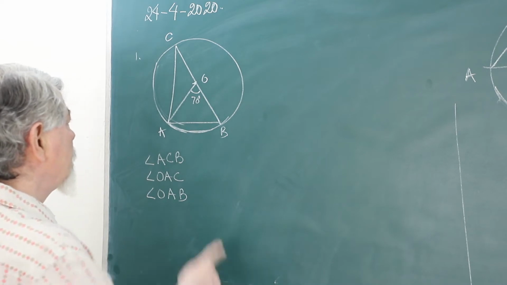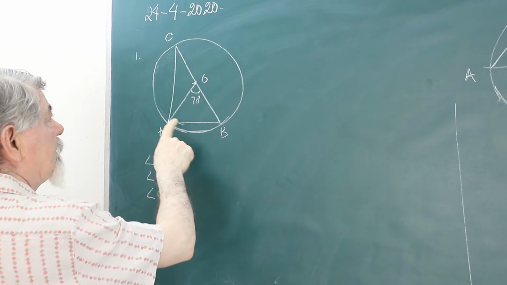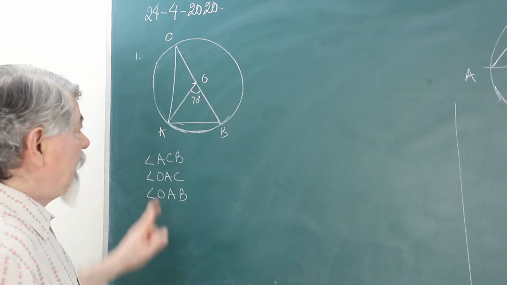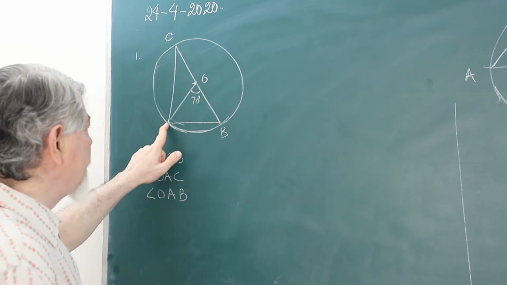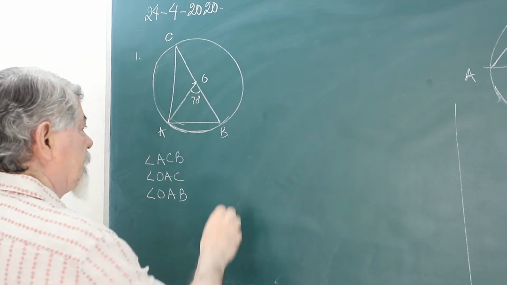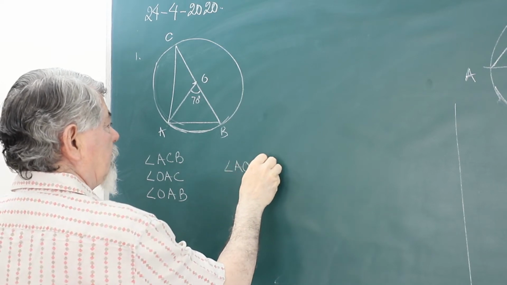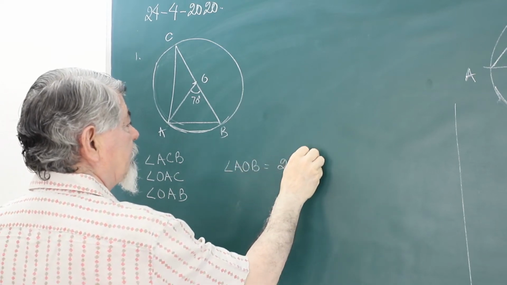Now let us look. This arc AB subtends angle AOB at the center, and the same arc subtends angle ACB at the remaining part of the circumference. So angle AOB is double angle ACB.